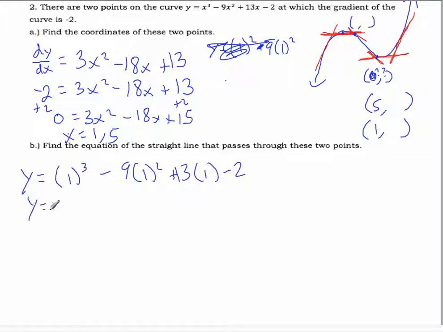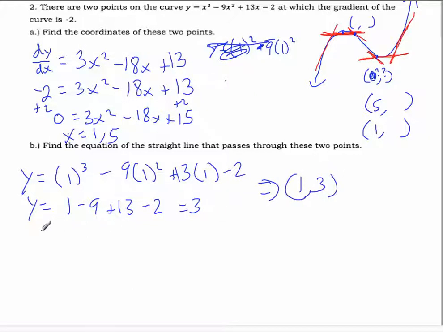You could work that on the calculator if you want. This is 1 minus 9 plus 13 minus 2. So that's negative 8 plus 13 is 5. 5 minus 2 is 3. Okay, so that means that the one point is going to be (1, 3).